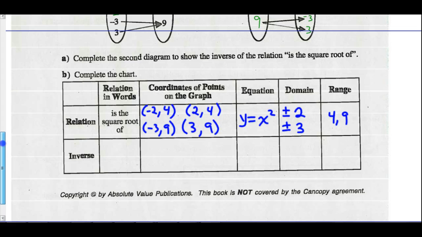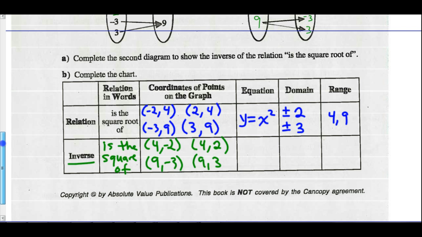For our inverse function, we were told that that is, in words, the square of. And those ordered pairs would be 4, negative 2; 4, positive 2; 9, negative 3; and 9, positive 3. And the equation for this should be x equals y squared.